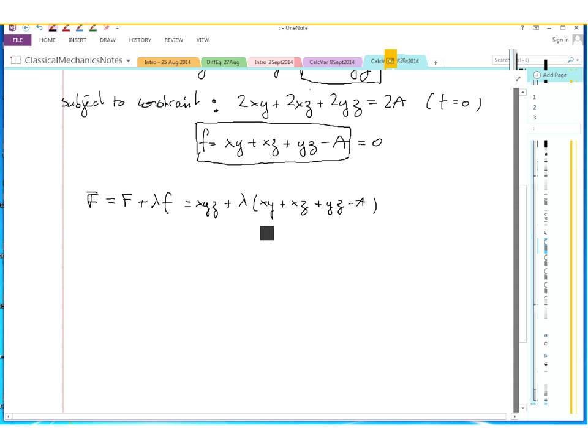This is the function that we want to find the stationary value of, where we can now vary x, y, and z independently, even though x, y, and z are in fact dependent on each other because of this constraint equation. So we want to find the stationary value of f bar.